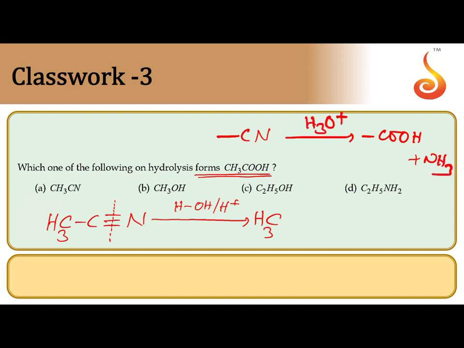So you break the triple bond, and the triply bonded carbon is converted into a carboxylic acid, C=O and OH, along with ammonia gas. So CH3CN gives acetic acid. Now there is no need to check option B or option C.